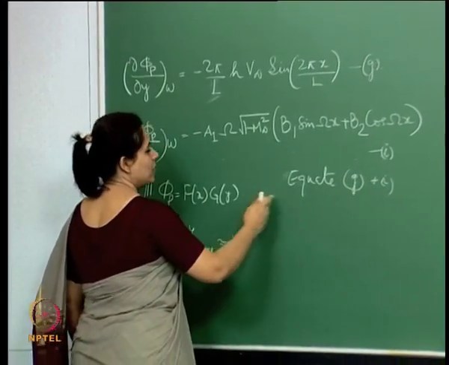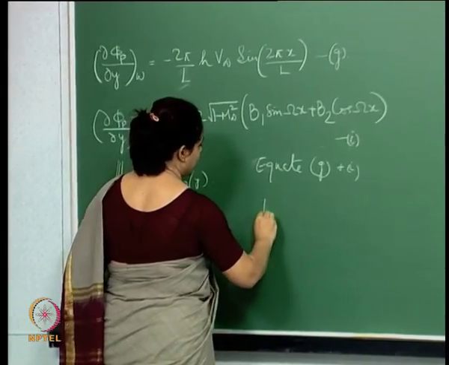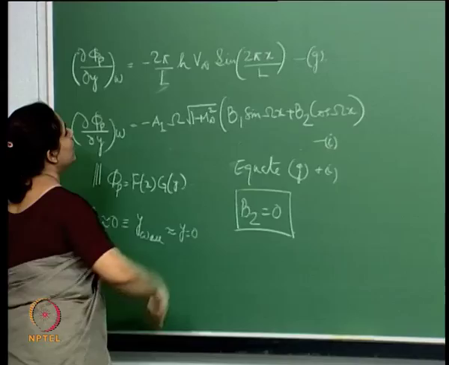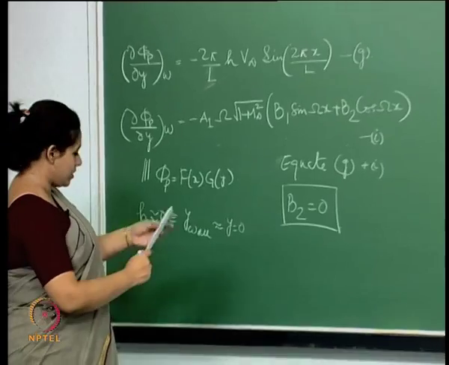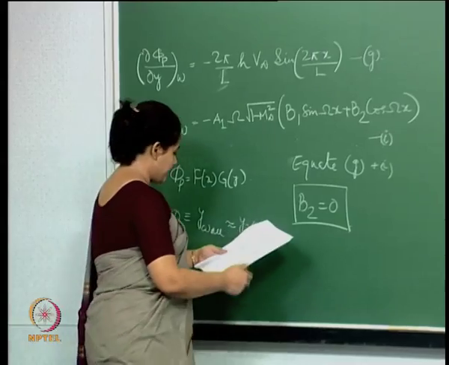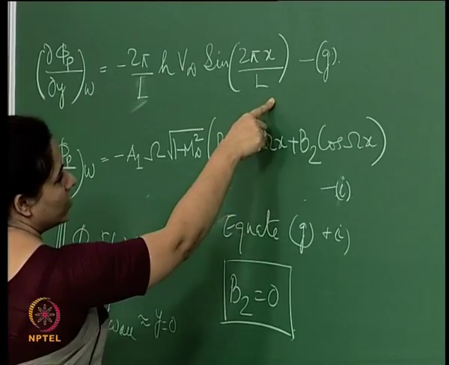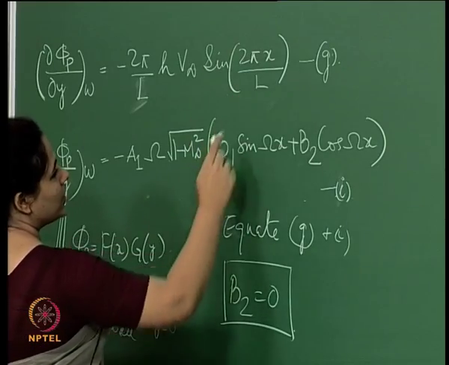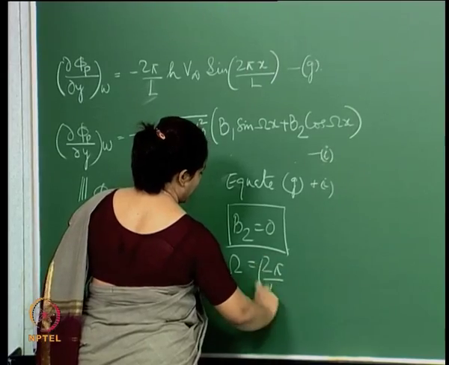Because there is no cos term on this side, b2 needs to go to 0, and this omega term also needs to be 2 pi by L. So there we go.